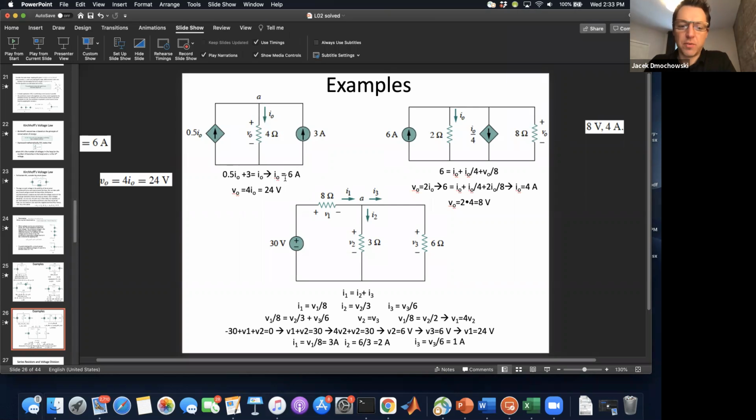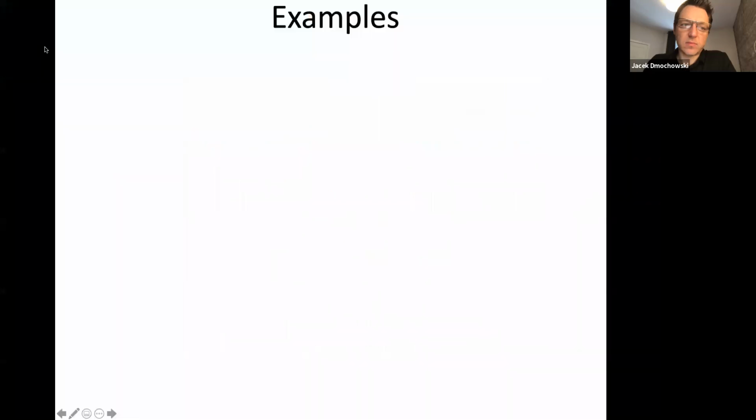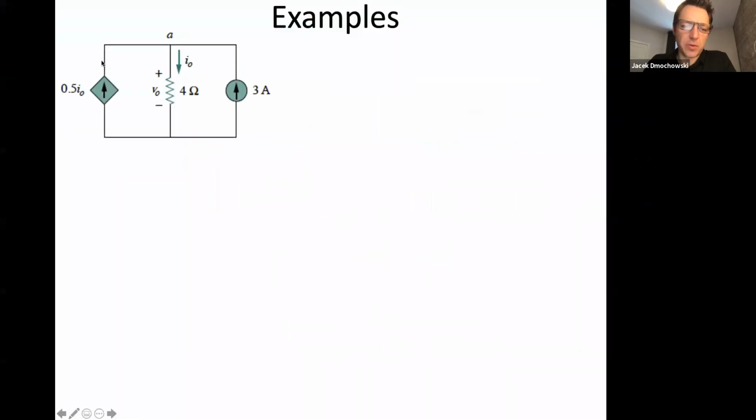The diamond is a dependent source whose value depends on I naught, what's happening in this branch of the circuit.